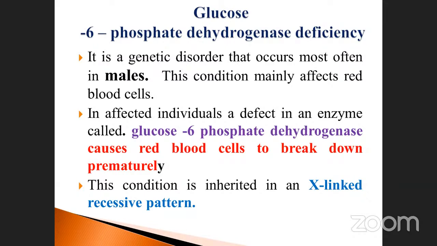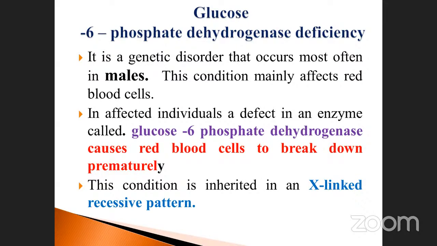Sometimes it may ask about animals also. Males are mostly affected in this disease due to the genetic disorder. This condition mainly affects red blood cells. Very, very important: glucose is essential for maintaining the structure of RBCs also, because they carry the, what is that?